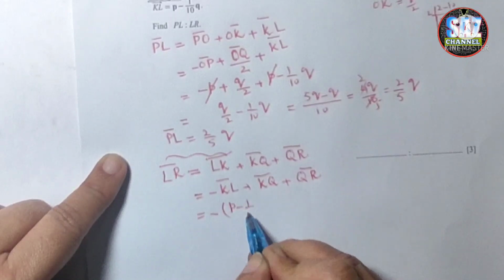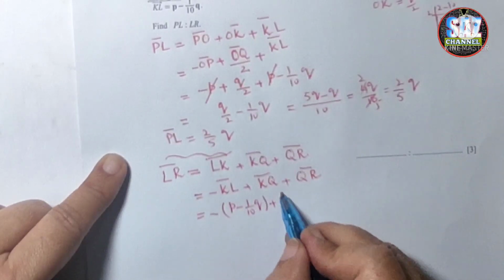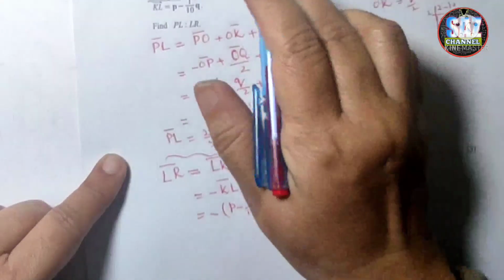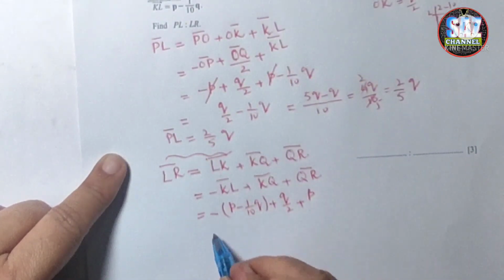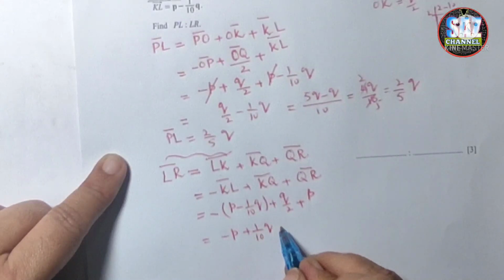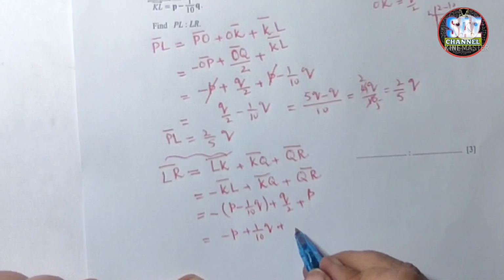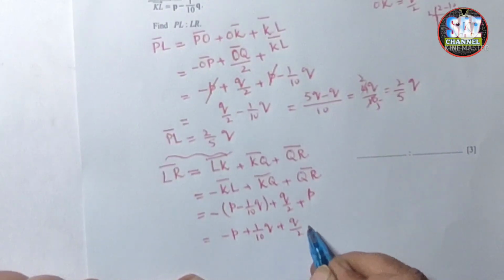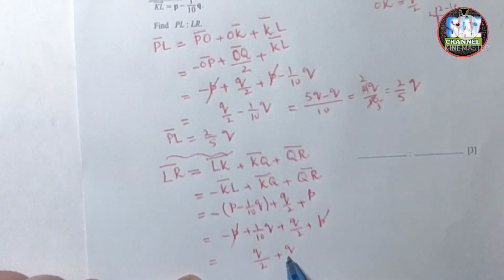It is P minus 1 over 10Q, plus KQ, which is Q by 2, and QR is parallel to OP, which is equal to P. Now we apply the distributive property: minus P plus 1 over 10Q, plus Q by 2, plus P. P goes with P, and I am left with Q by 2 plus Q by 10.